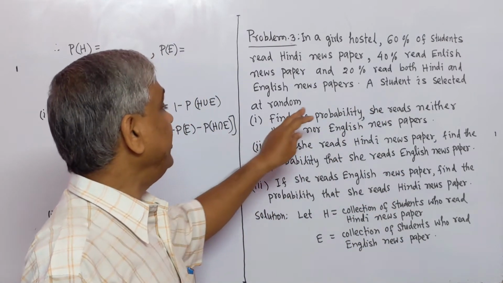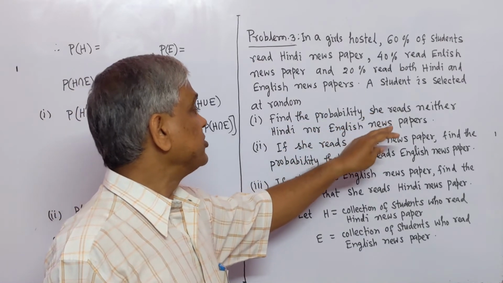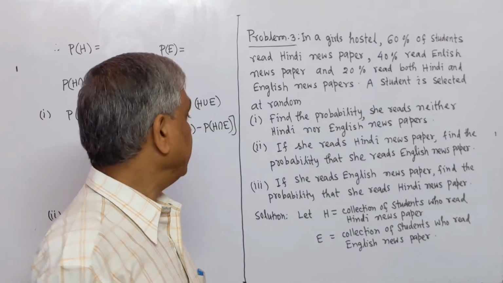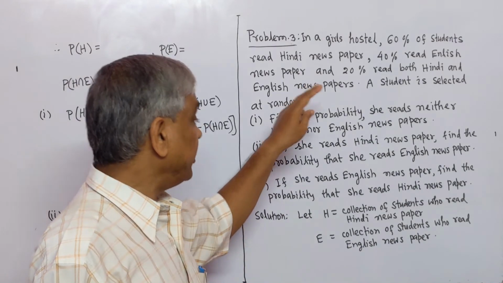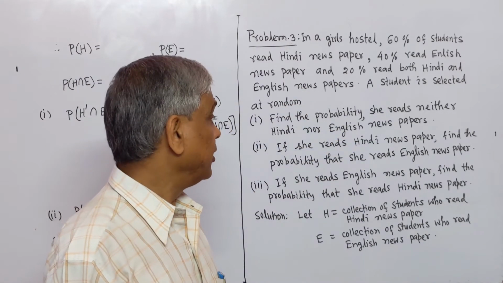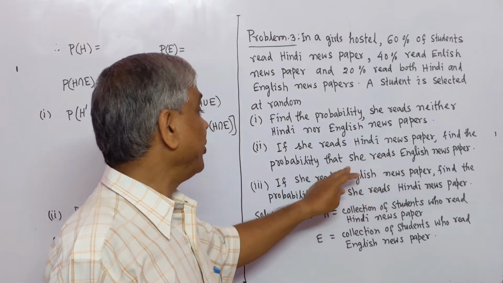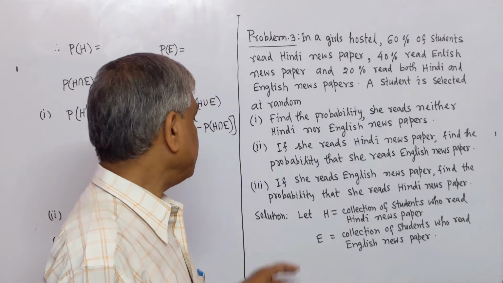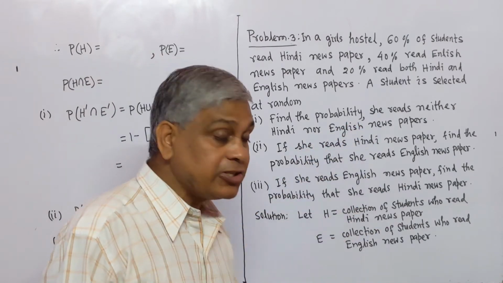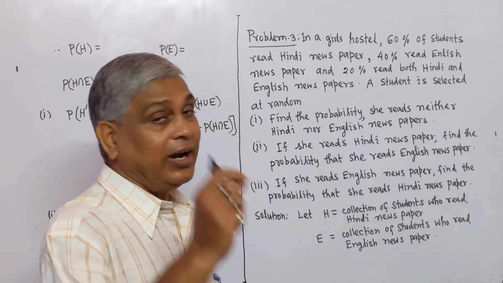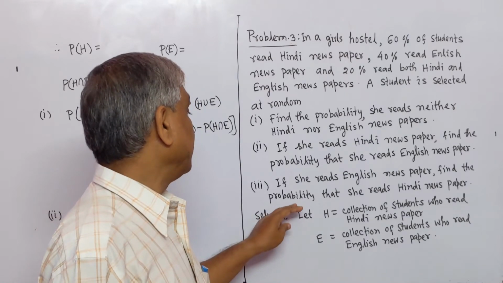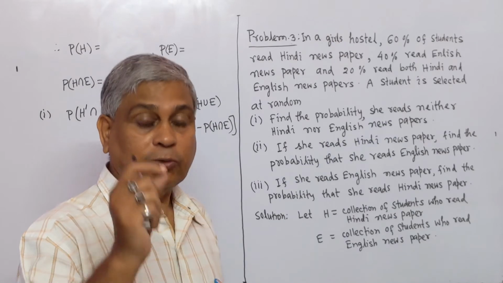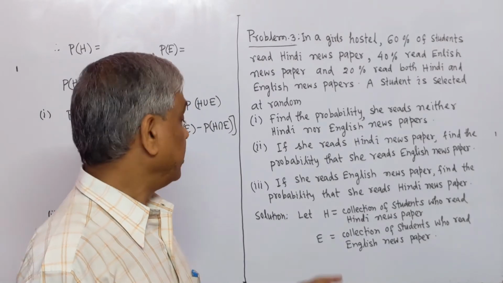Number 1, find the probability she reads neither Hindi nor English newspaper. Number 2, if she reads Hindi newspaper, find the probability that she reads English newspaper. Number 3, if she reads English newspaper, find the probability that she reads Hindi newspaper. Now we solve this. Solution.